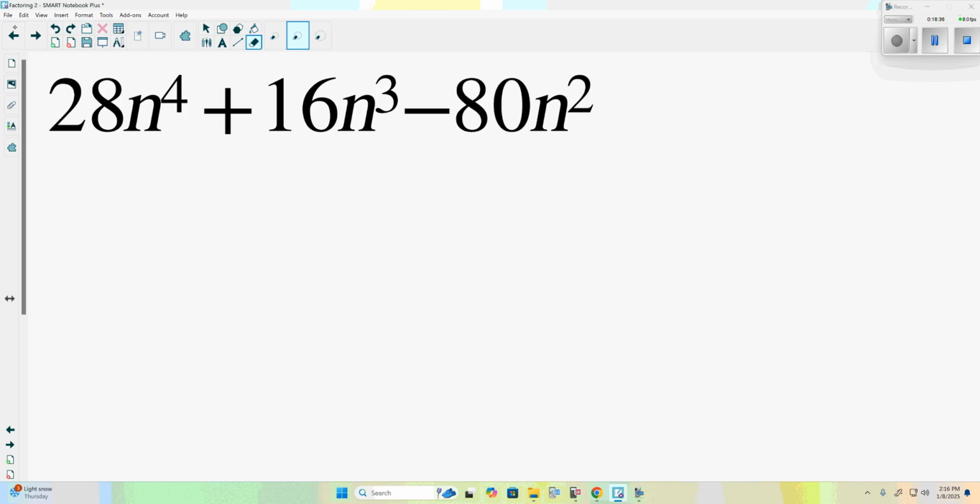28n to the fourth plus 16n cubed minus 80n squared. All right. Greatest common factor. 4. Yes, 4 will go into 28, 16, and 80. What else will go into all three terms?